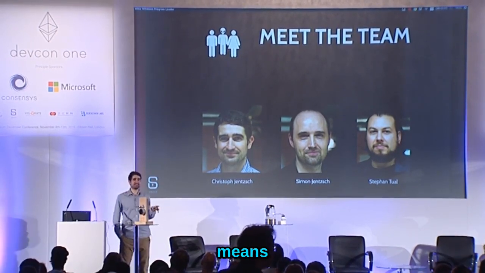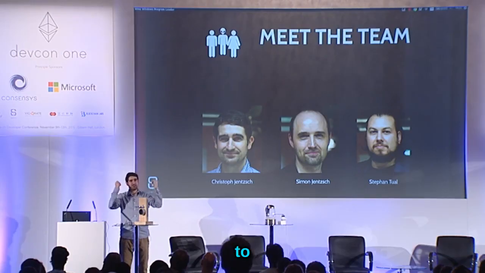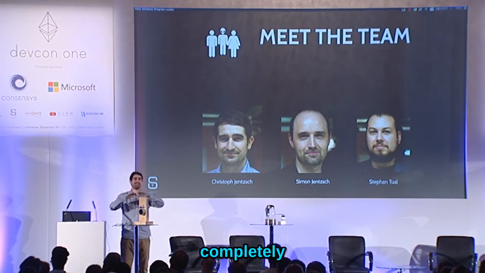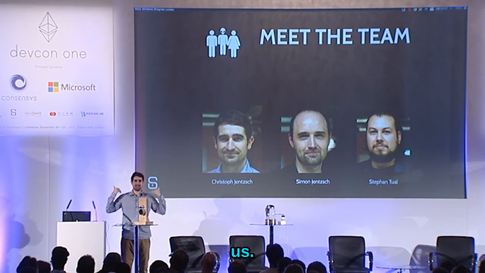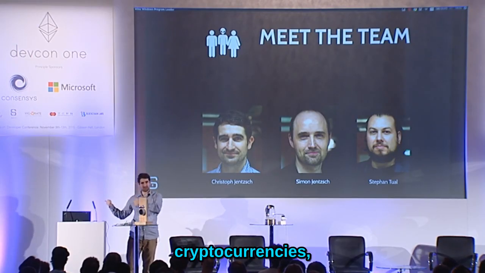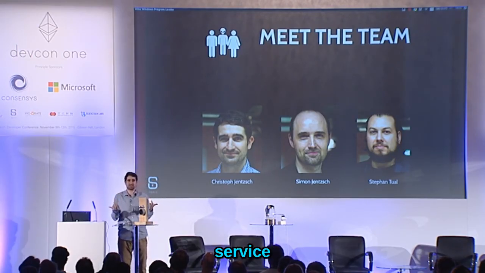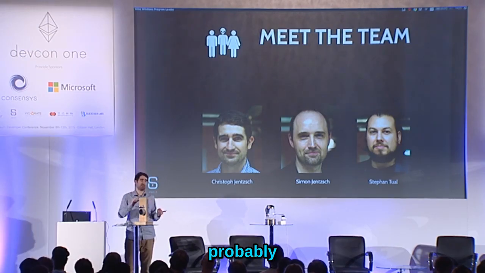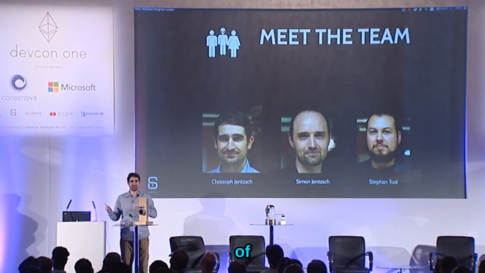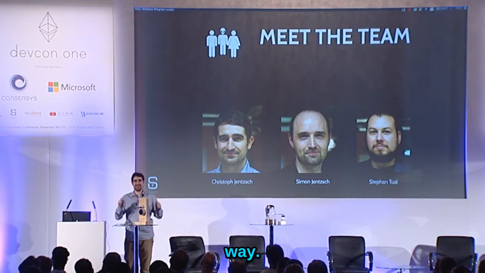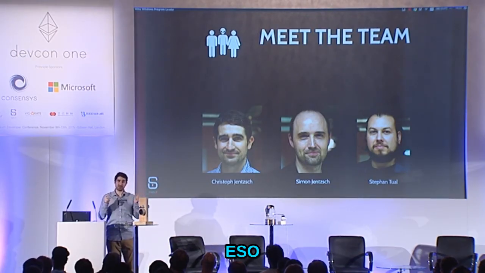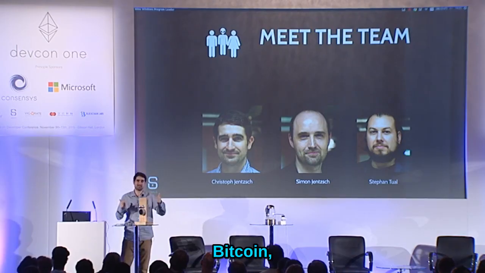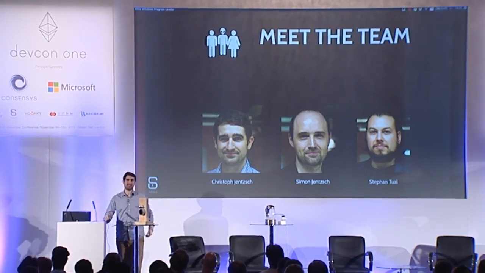So for you guys who know how to use Ether and cryptocurrencies, it's a completely decentralized system working without us. But if you don't use cryptocurrencies, then we will offer a service for those people that is really easy to use. We do all the work behind the scenes, and we will probably charge a fee for this to make some money if you use it the centralized way. But for you paying with Ether, or maybe with Bitcoin through a relay, it's free of charge.